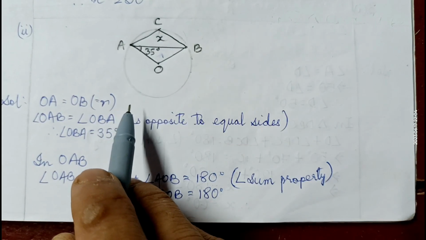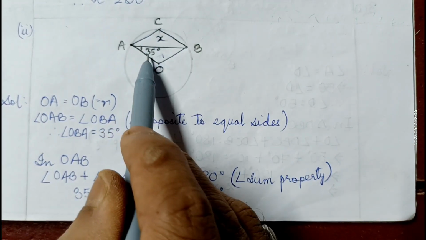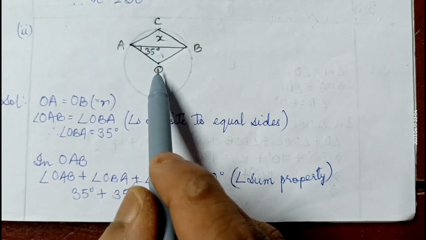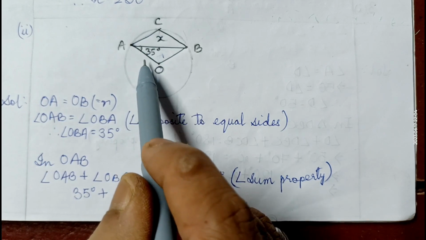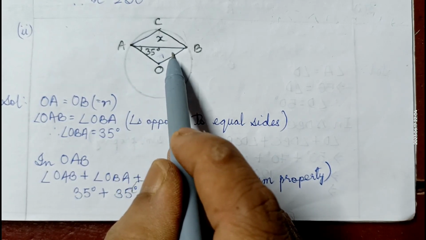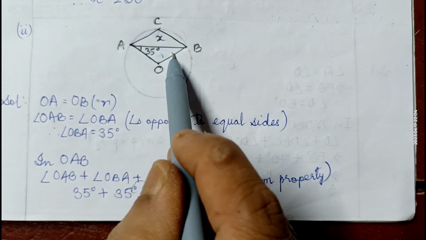In the second part of question number 2, it is given that angle OAB is 35 degree and we have to find x. Now in this case, OA and OB both are radii of the same circle. Since these two sides are equal, their opposite angles also will be equal. So since this is 35, this also will be 35.